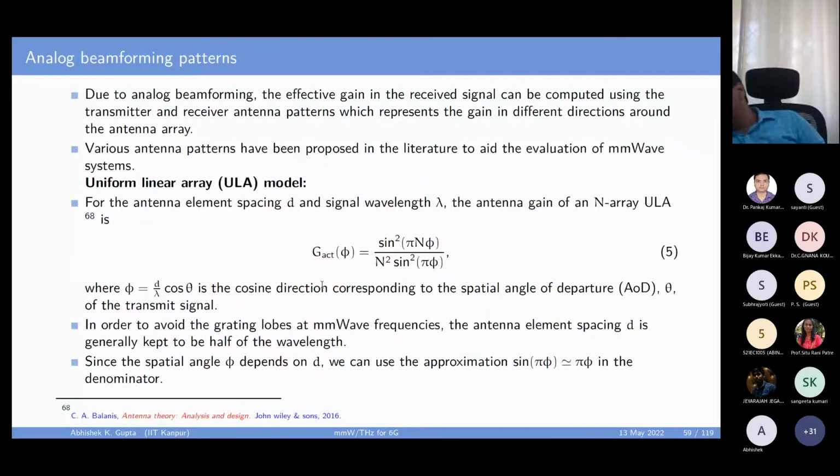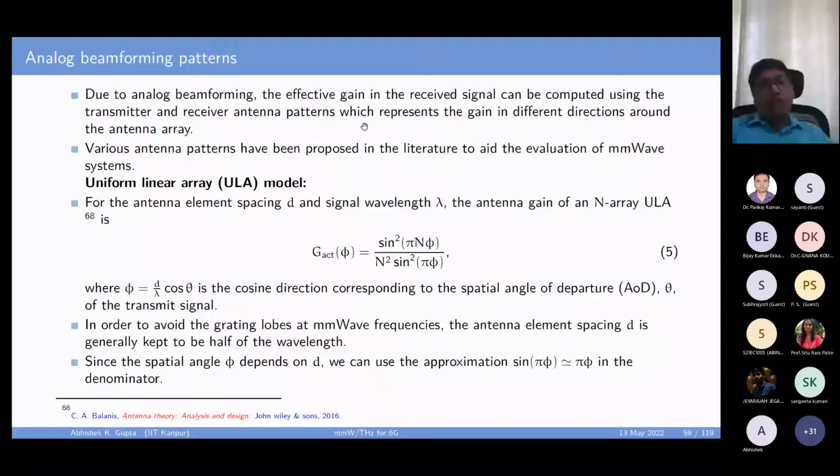Okay, so then the benefit is, for analog beamforming, the effective gain can be denoted by the antenna pattern. So you can have a particular transmit antenna pattern, and using that you can compute the gain in the direction of a particular arrival or departure of the signal.